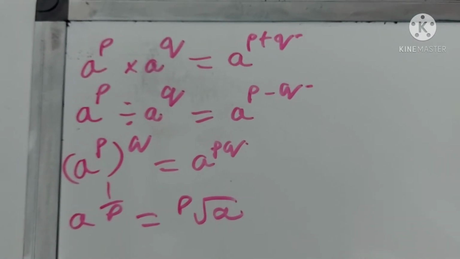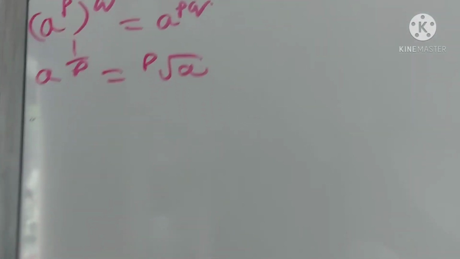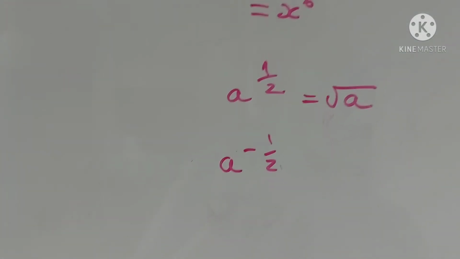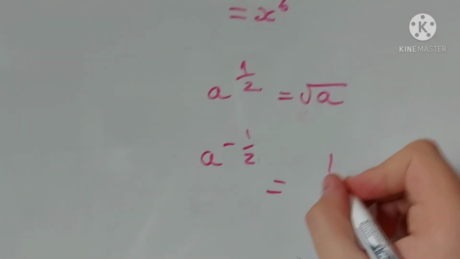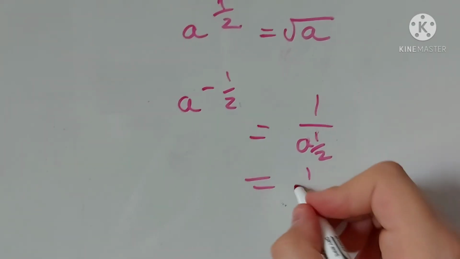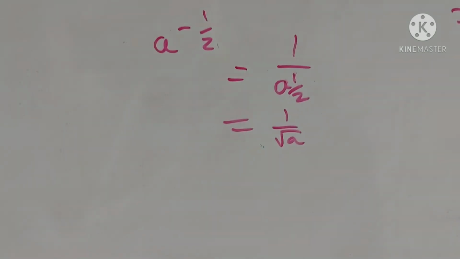Okay, so we've got 4 index laws so far. We've got multiplying, dividing, expanding out brackets, and we've got one with a fraction in. Well, how about we have negatives? So let's stick with the half, but let's put a negative in front of it. Well, if I've got a negative, that is 1 over a to the half, which is 1 over the square root of a. And you can rationalise the denominator if you want to.